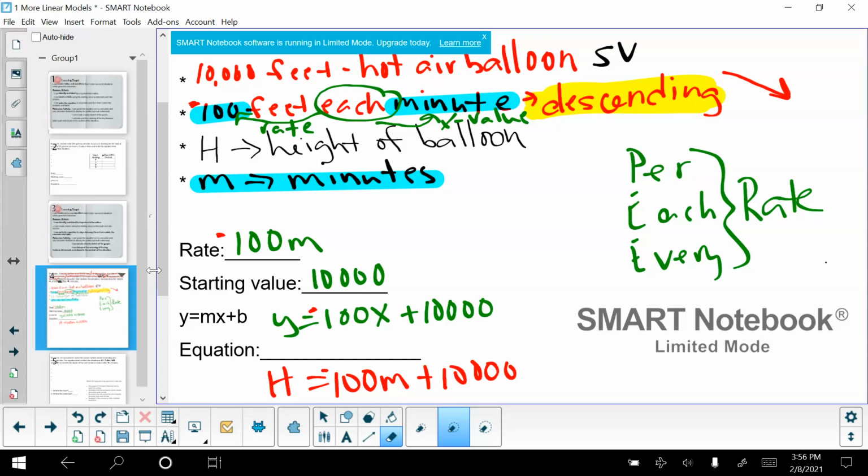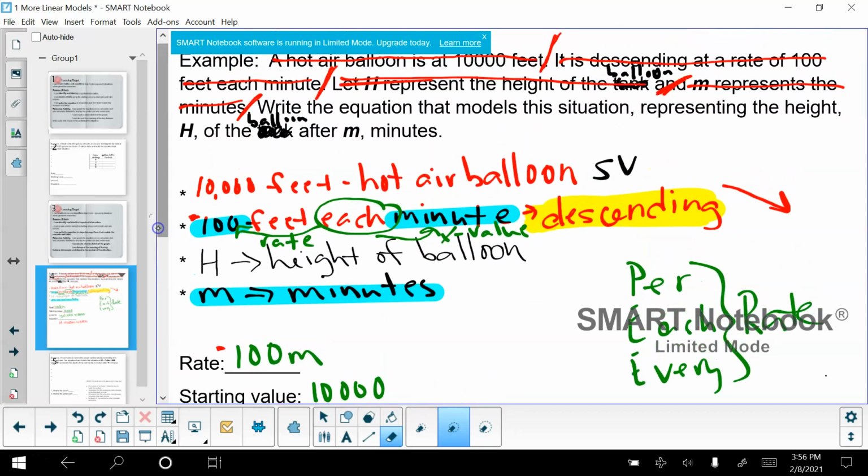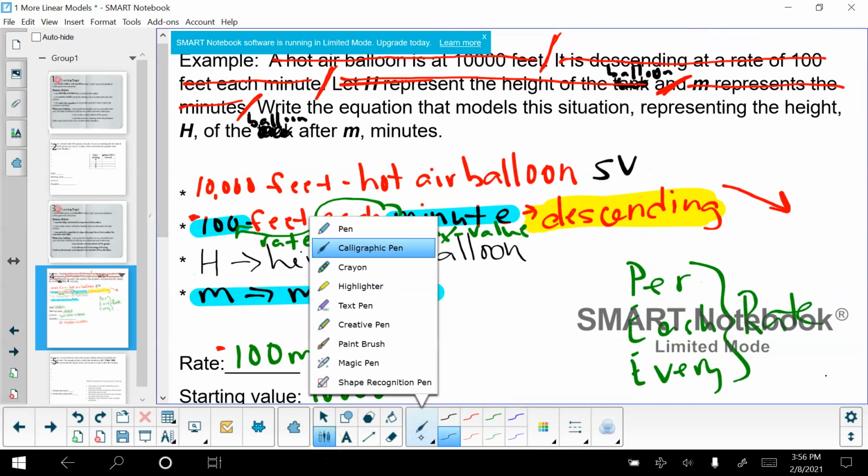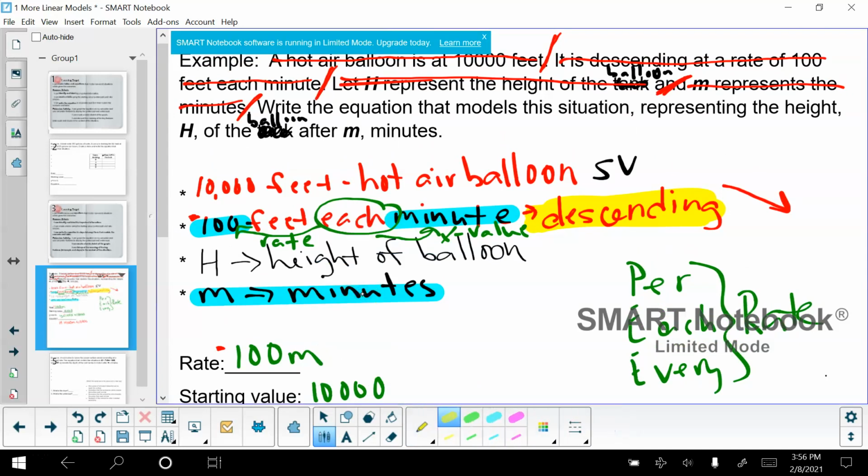But the other way to know that the h is really the y, that we're actually y equals or h equals, is if you look up at the problem and how they stated the answer or the question. I'm going to highlight that. It says, write an equation that models this situation representing the height h of the balloon after m minutes.